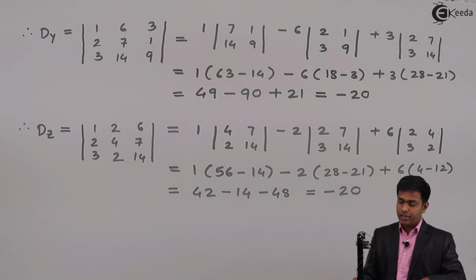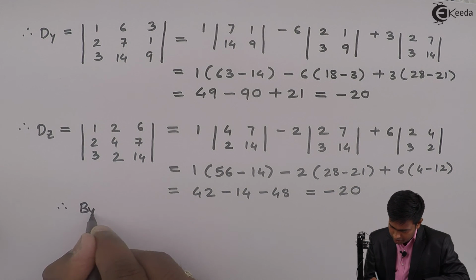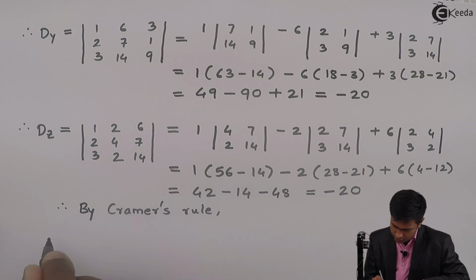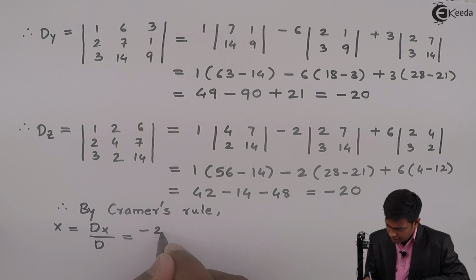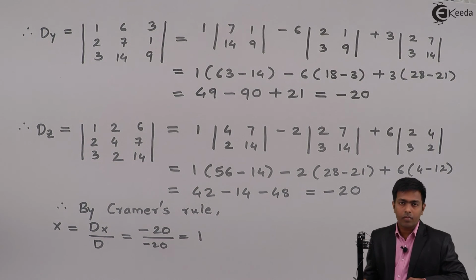So we got the value of d, dx, dy and dz all as minus 20. Now let's apply Cramer's rule to find out the value of x, y and z. So by Cramer's rule, we'll get x by the formula dx upon d, which is minus 20 upon minus 20, and it is equal to 1.